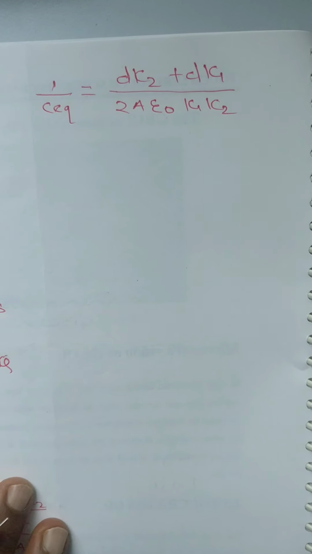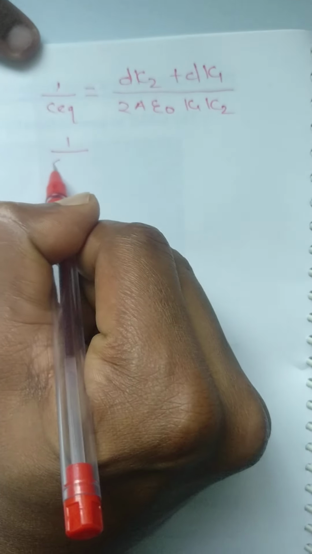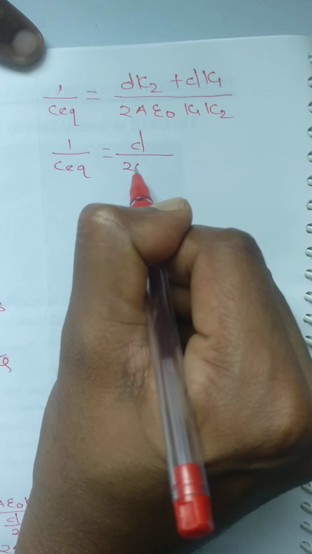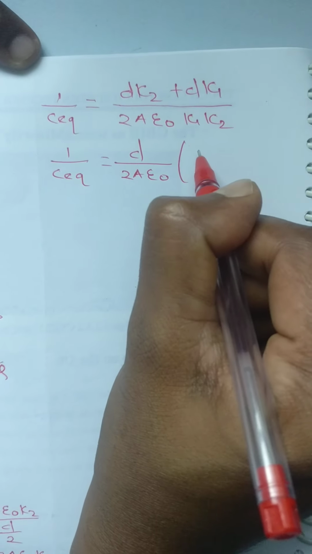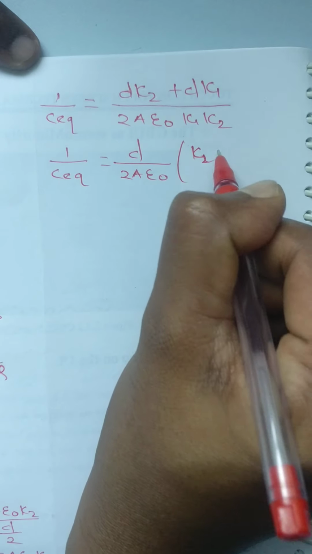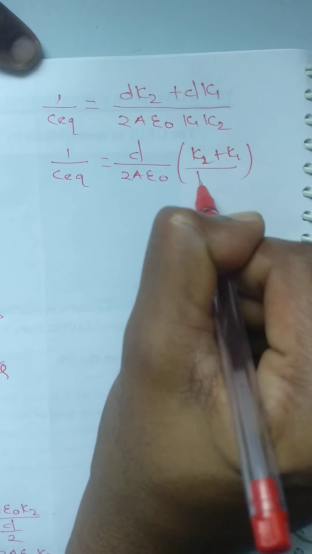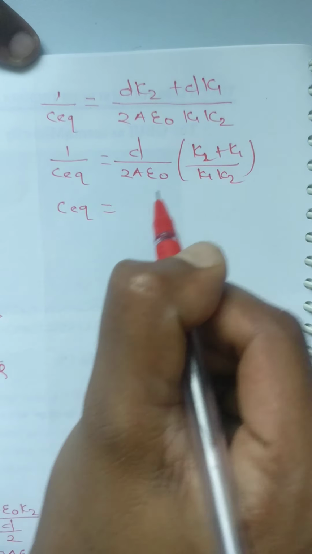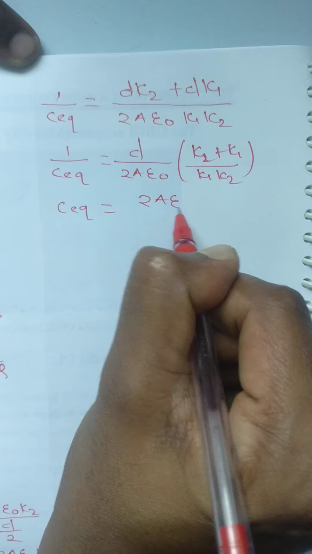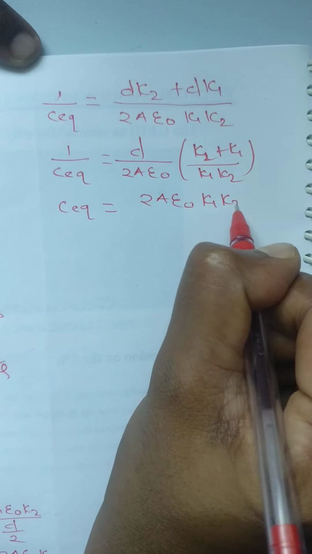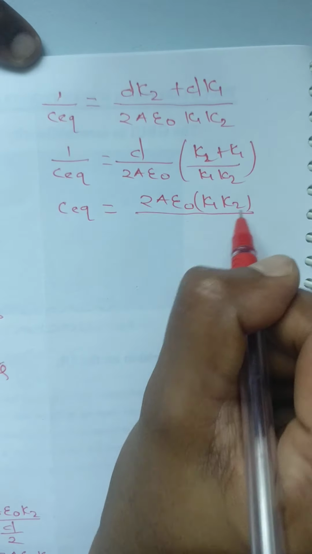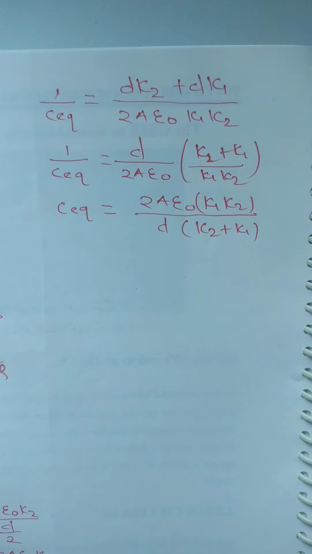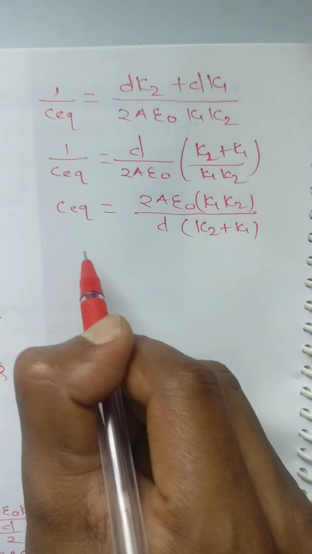So 1 upon C equivalent becomes D taken common outside, over 2A epsilon naught, into K2 plus K1 upon K1 K2. So C equivalent is equal to twice A epsilon naught K1 K2 divided by D into K1 plus K2. This is your concerned answer.